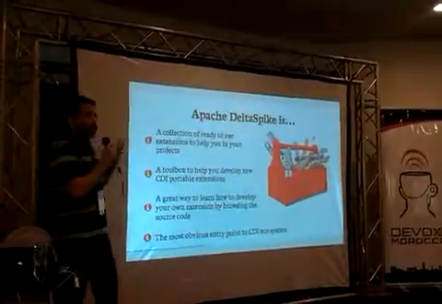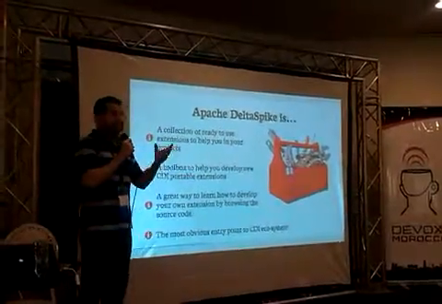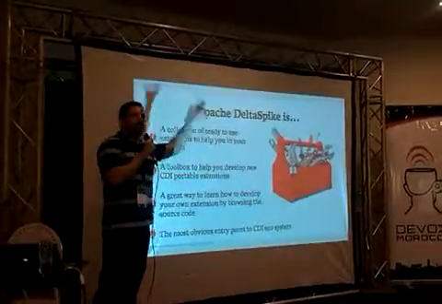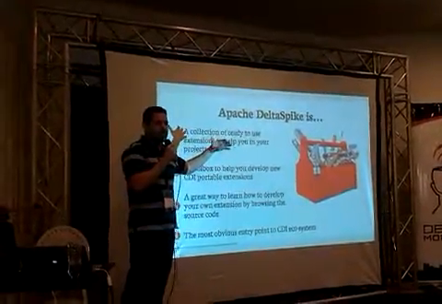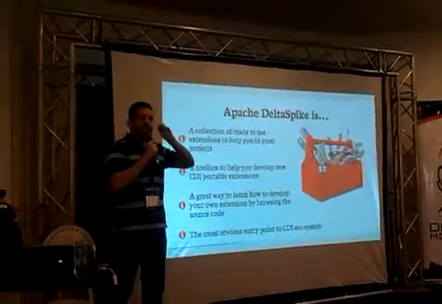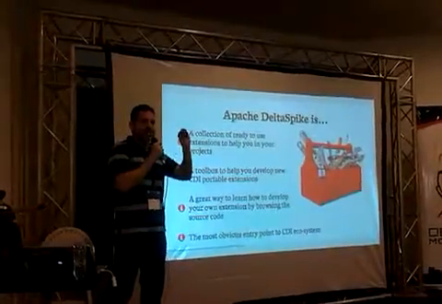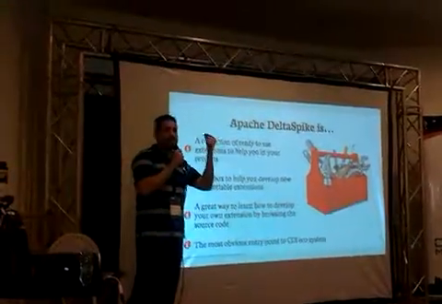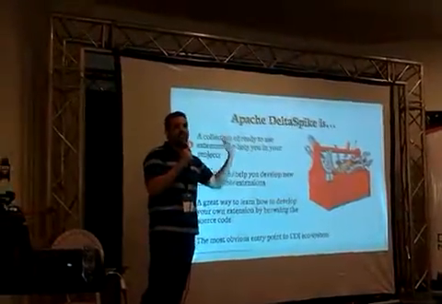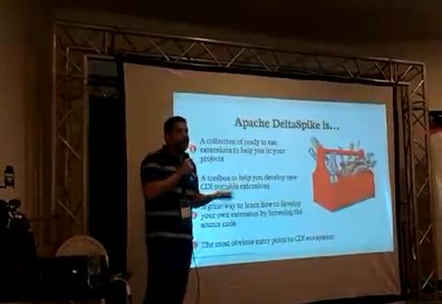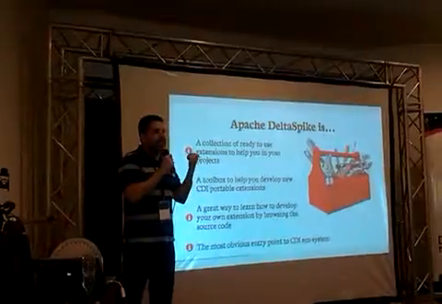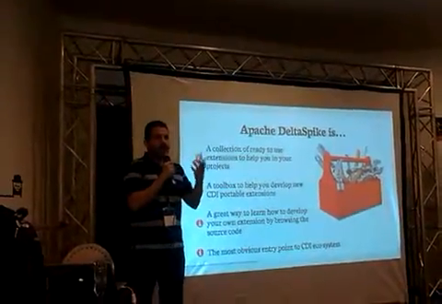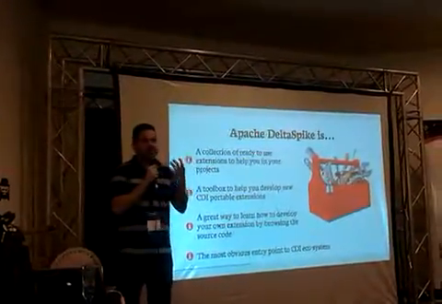So what is DeltaSpike? DeltaSpike is a collection of portable CDI extensions. It's a collection of extensions where each one of these extensions provides different features for CDI. And not only for that. Remember that I told you that creating an extension is something that's not very popular.